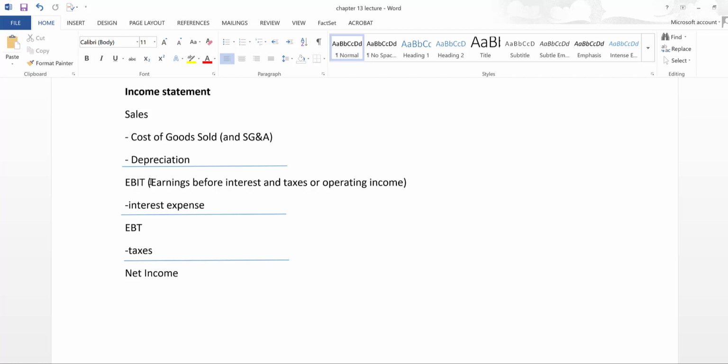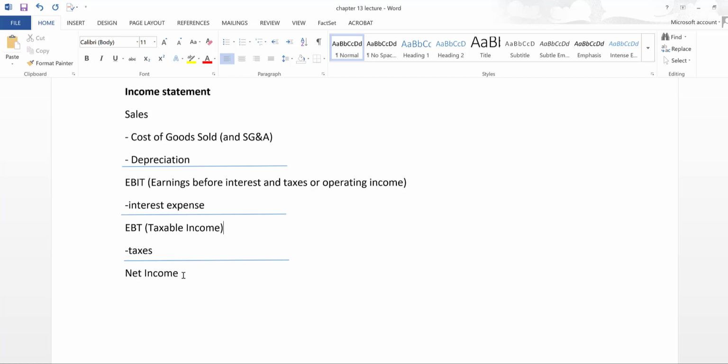From that you deduct the interest expense of the firm. Interest expense is tax deductible. Before you arrive at the taxable income, you deduct the interest expense, and then you are left with EBT. EBT is basically your taxable income.